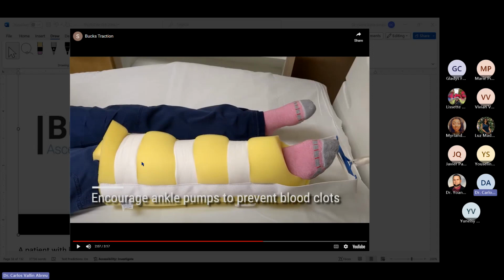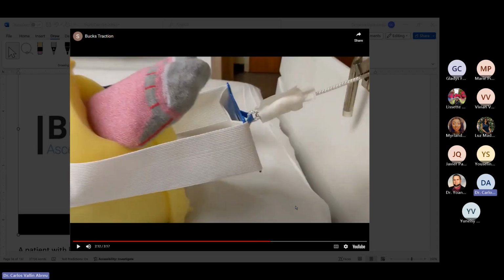For that reason, pillows should not be placed behind the knees, because it promotes DVT. But pillows could be placed under the leg to have the foot floating, never with the heel touching the mattress. These are called offloaded heels.